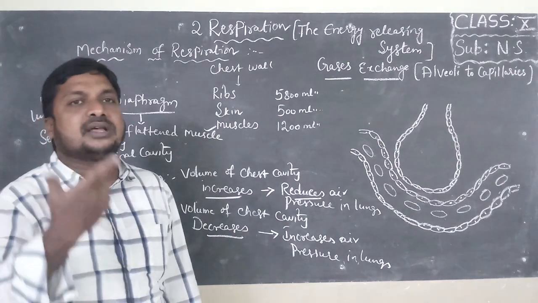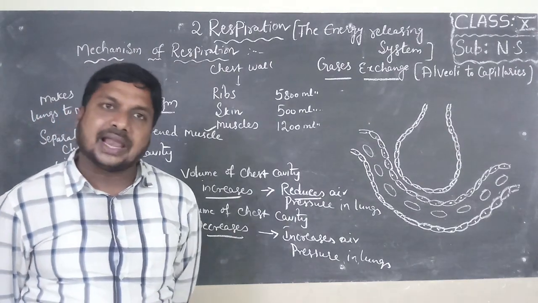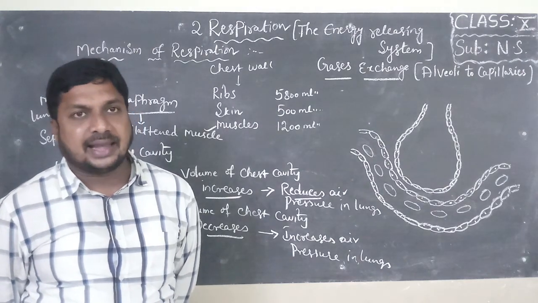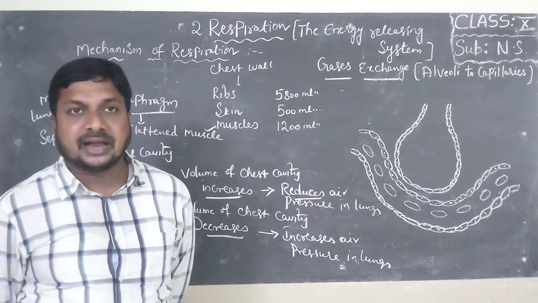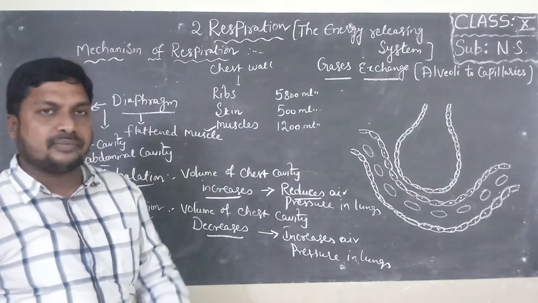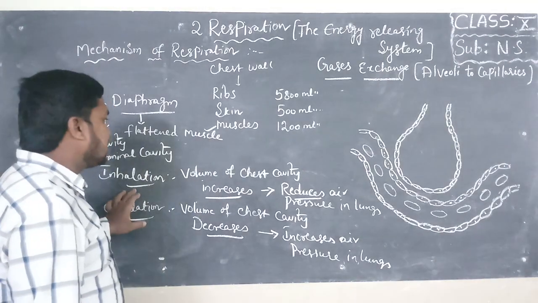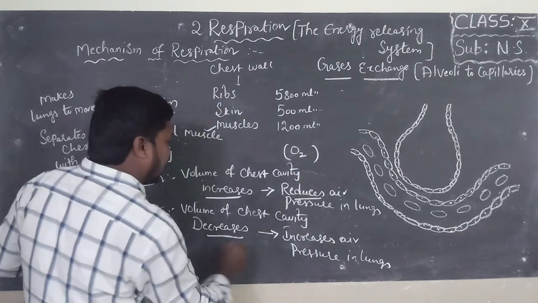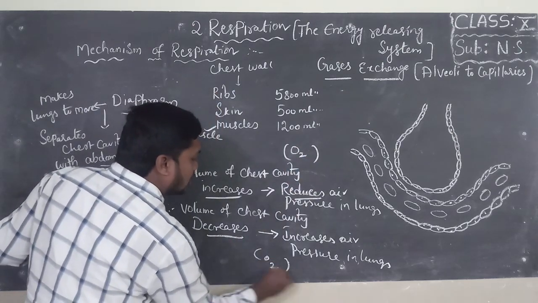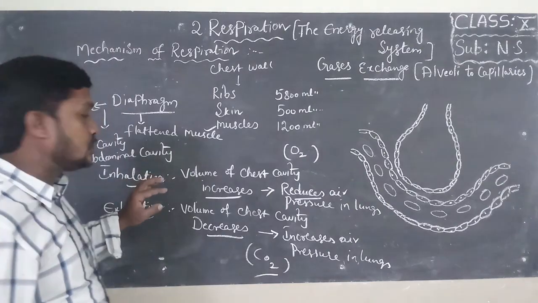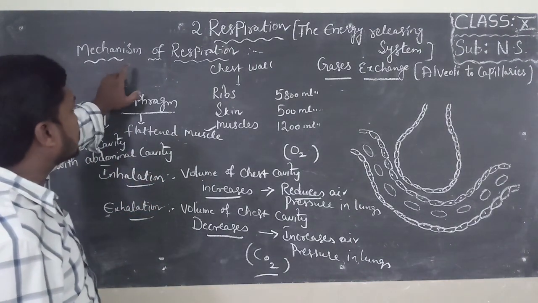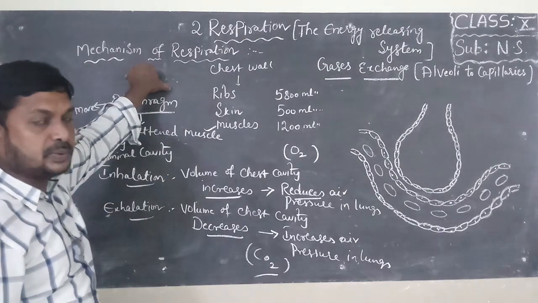So, air rushes from the lungs through alveoli, bronchioles, bronchi, trachea, larynx, pharynx, nasal cavity, nostrils, outside of the body. At the time of inhalation, oxygen enters the lungs. At the time of exhalation, CO2 comes outside from the lungs. Inhalation and exhalation united together are called the mechanism of respiration.